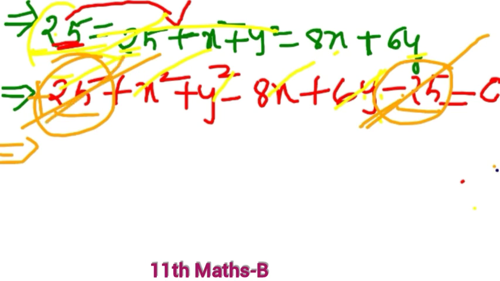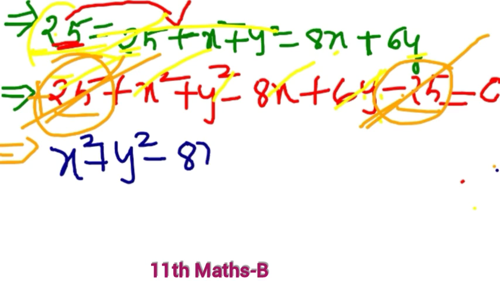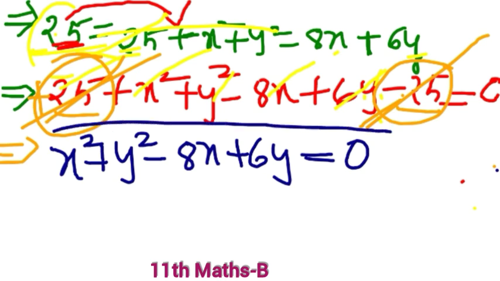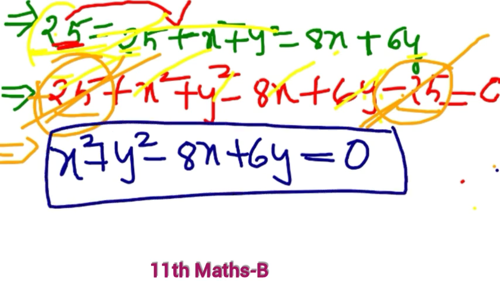Now the remaining is x square plus y square minus 8x plus 6y is equal to 0. So this is our final answer.